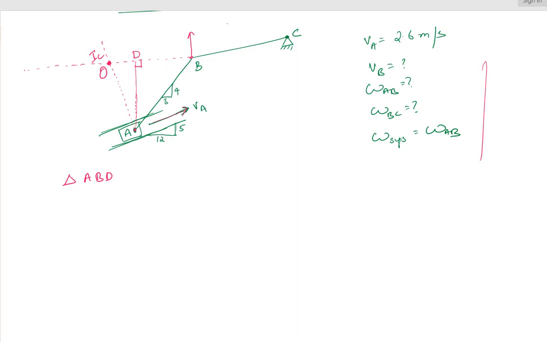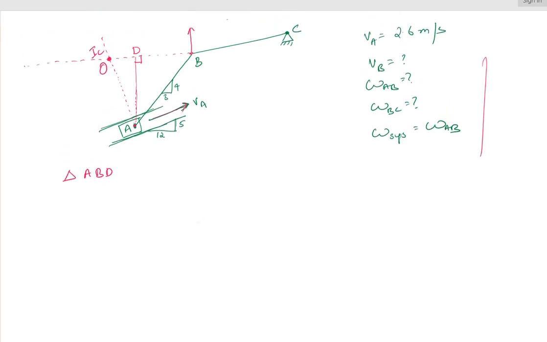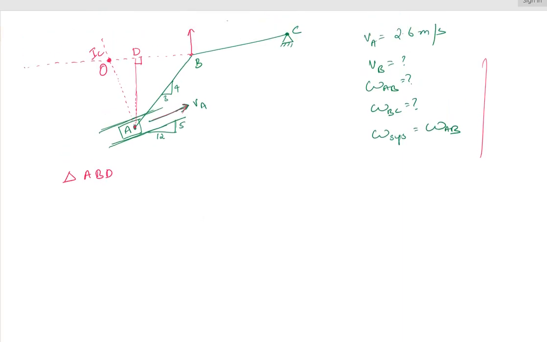All right, so in this triangle, now we know that if this angle is 5/12, given by that ratio, then we can say that this would be 12/5, because OA is perpendicular to VA, right?